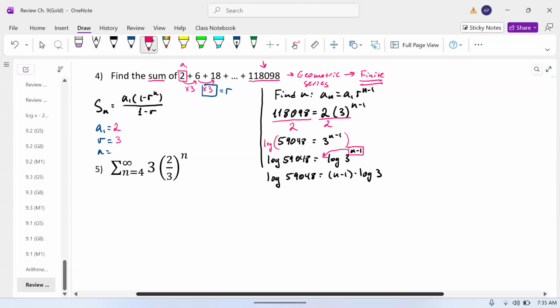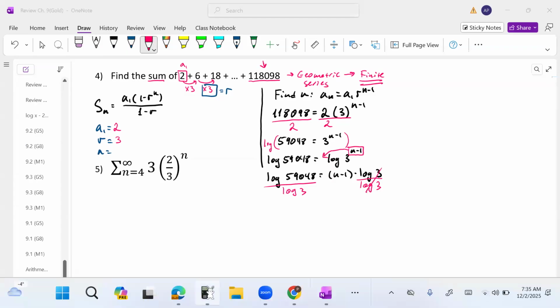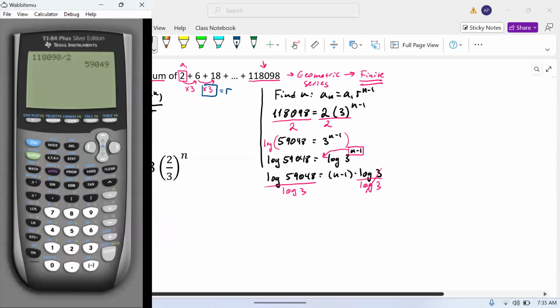We can divide everything by log of 3. And so we have logarithm of 59,048 divided by log of 3. And something is wrong. Oh, it's 49, not 48, my bad.